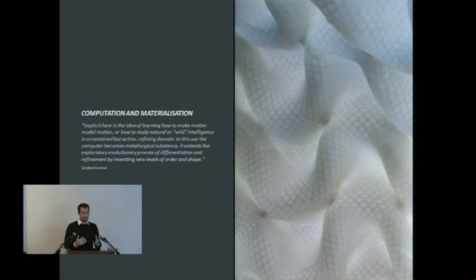We may all agree that there's quite a strong bias towards what one could call machine computation in contemporary design, but there have also been some occasional instances of what we call material computation in architecture, and I will show a couple of them later on.